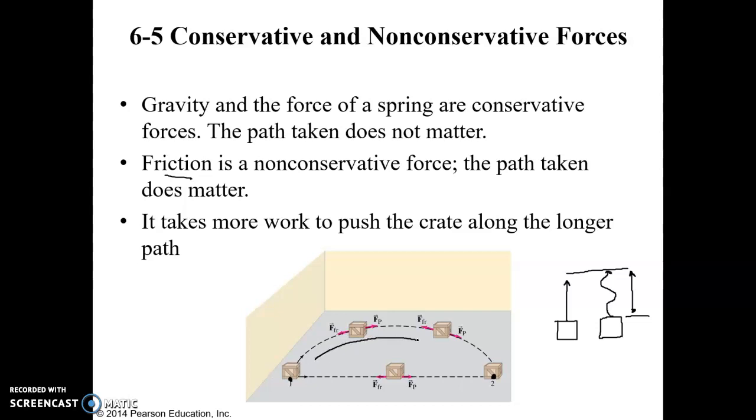If you were to take this wide looping arc to get from point A to point B, you would end up doing more work. But why is that? The end result is still the same. We've gone from position 1 to position 2.